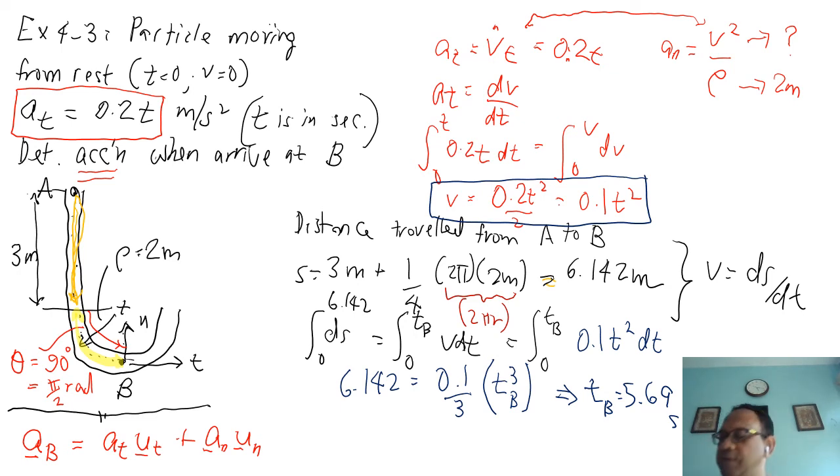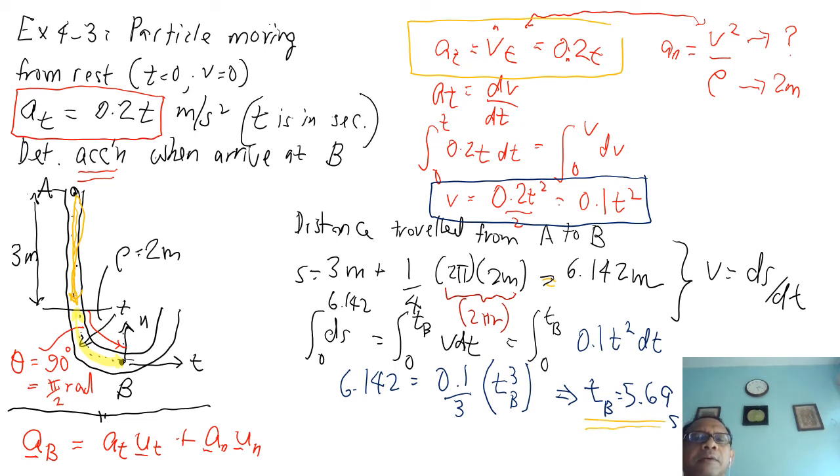From there you can find the acceleration a_t. So use this equation, because we know the value of t_B.